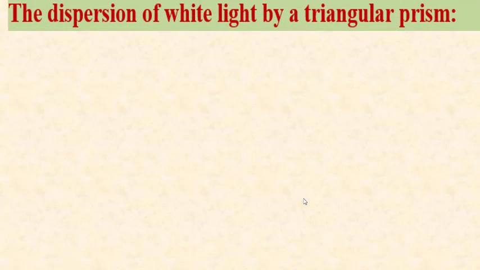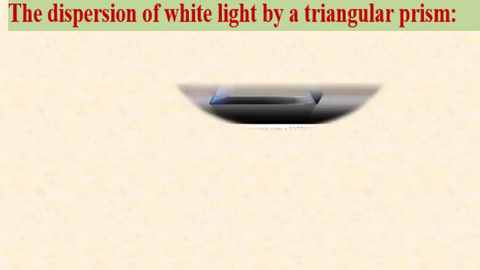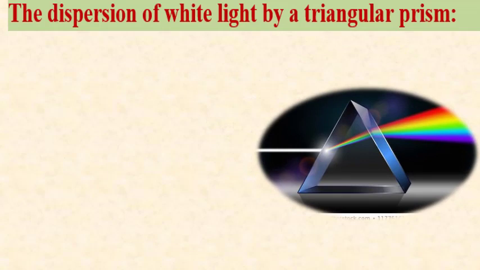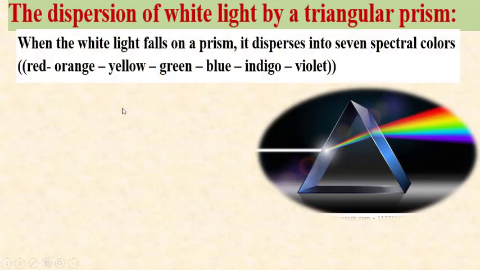The dispersion of white light by the triangular glass prism, from the junior stage, you know that if white light falls on the triangular glass prism, it will be split into 7 colors known as the spectrum colors, which are red, orange, yellow, green, blue, indigo, and violet.